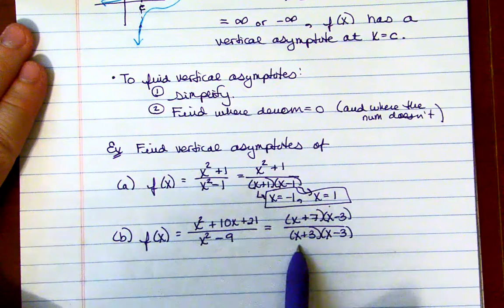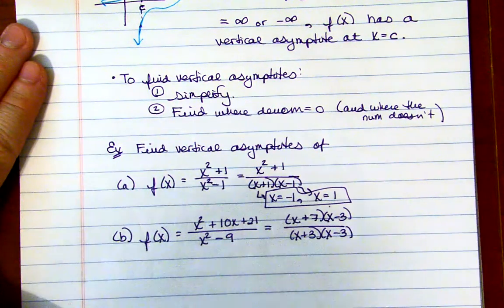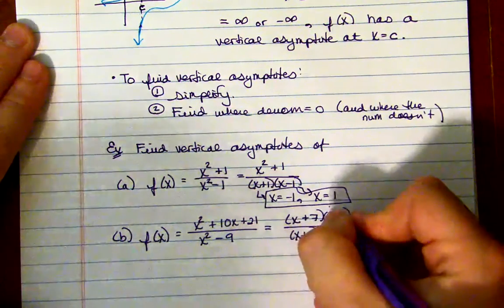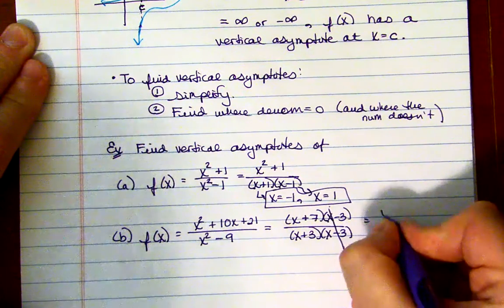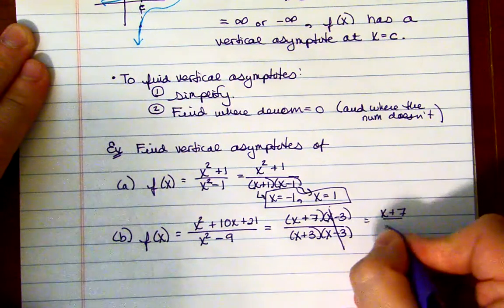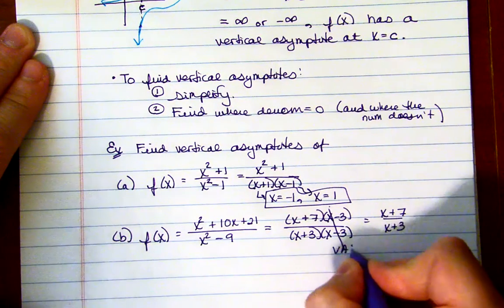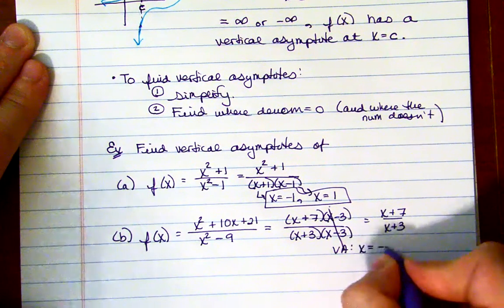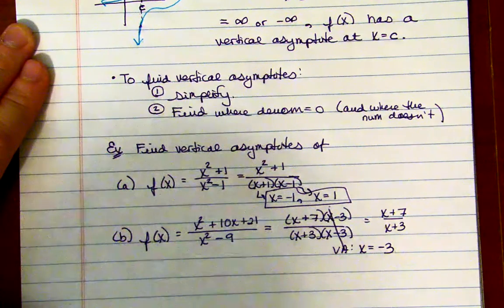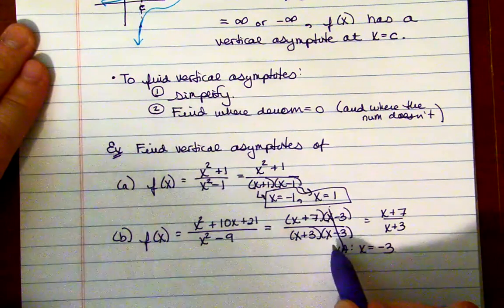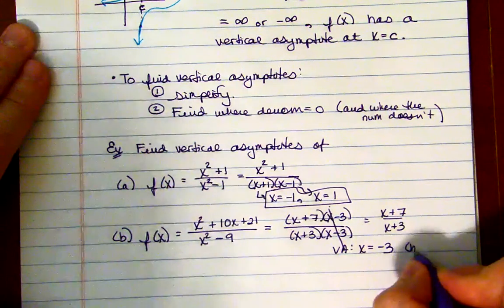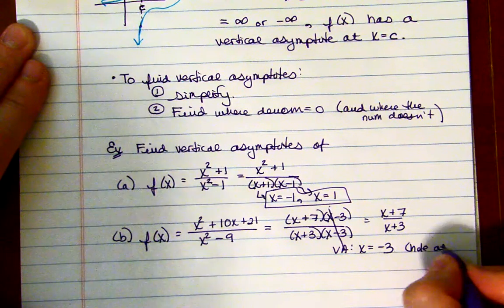That's when x is negative 3 and x is positive 3. But really, I shouldn't be doing this. I should be simplifying this first so I can get this down to x plus 7 over x minus 3. Now, I'm going to say that I have a vertical asymptote at x equals negative 3. What was going on at x equals 3? Well, because it canceled, there's a hole at x equals 3.